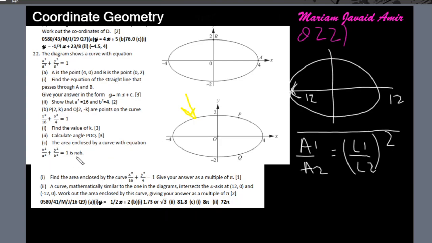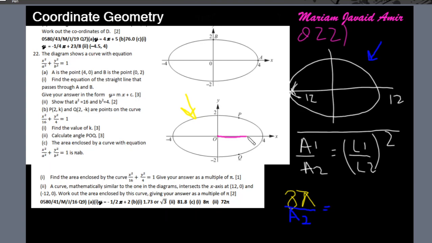Yes, 8 pi was the area of this graph, and we need the area of the new similar graph, let's call this figure 2. So over A2, we need A2 in terms of pi, equals length 1 over length 2.